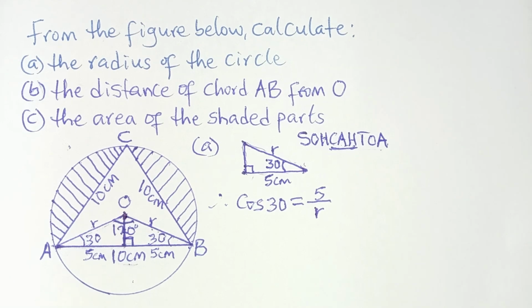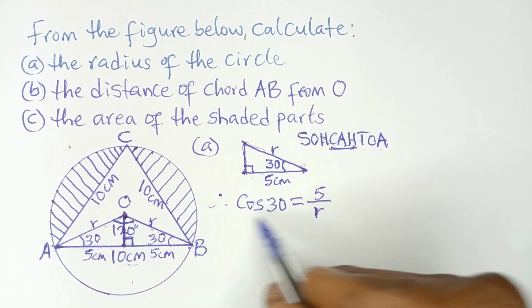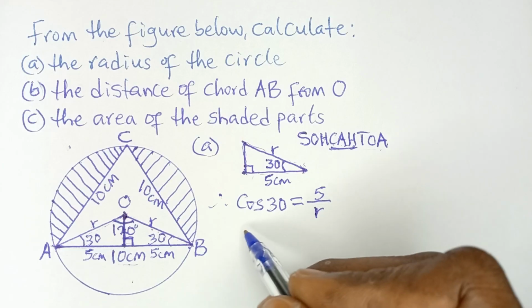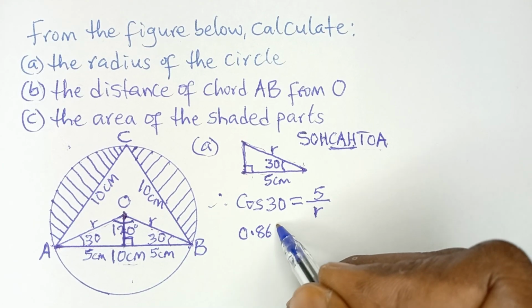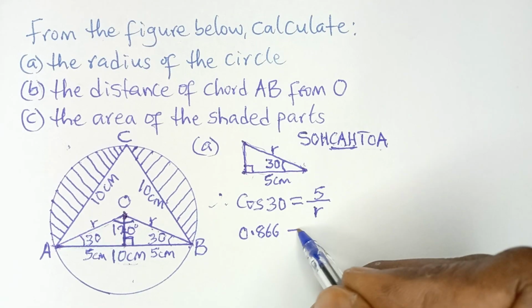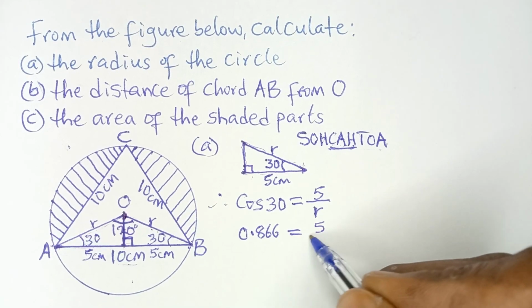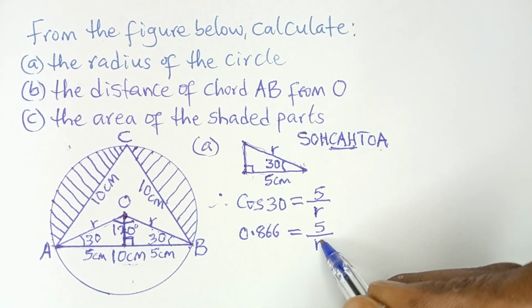So with that now, we can simply say the cosine of 30 is 0.866. And that will be equal to 5 divided by the radius.